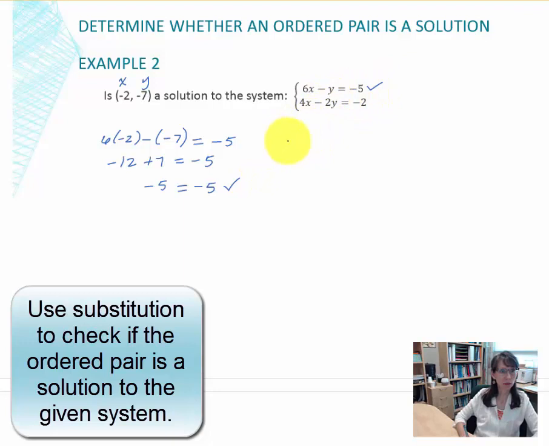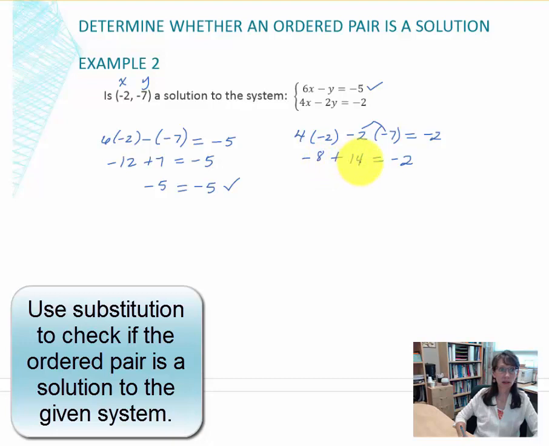Let's try it out in the next one. 4 times x value -2 minus 2 times y value of -7 equals -2. So here on the left we've got -8, and the product here is +14 equals -2.